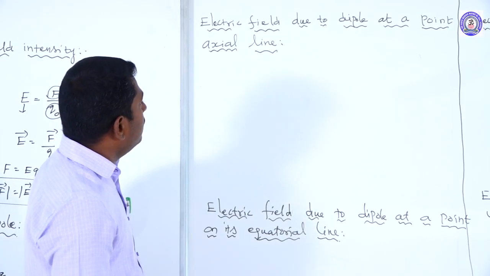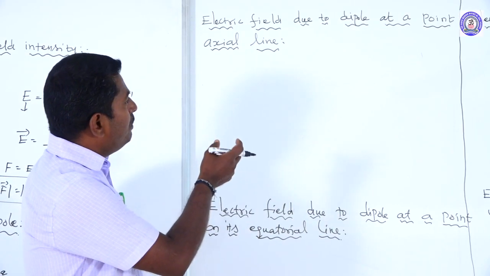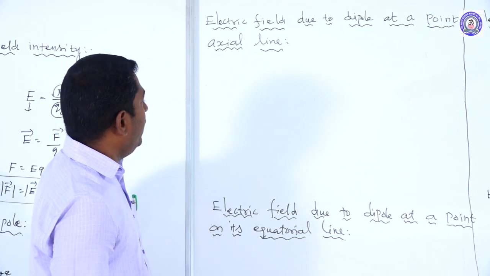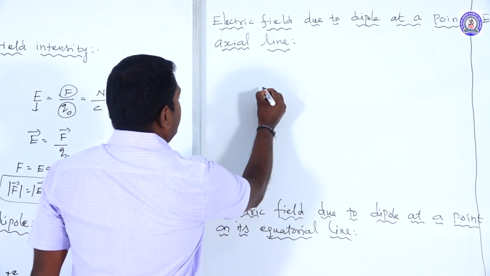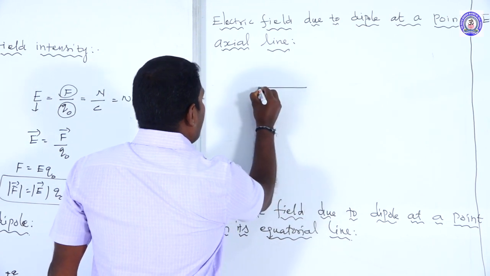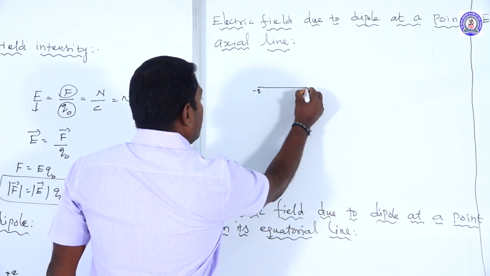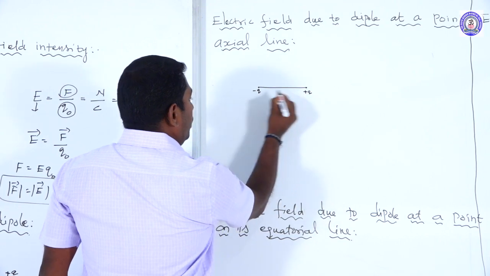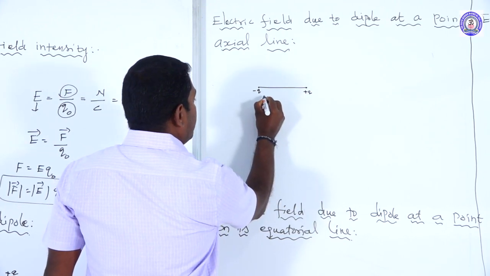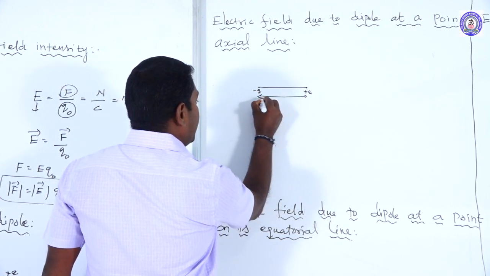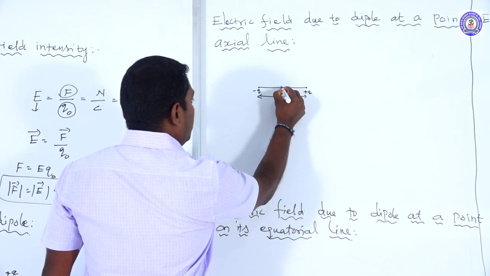So next topic, electric field due to a dipole at a point on its axial line. Let us consider one dipole: minus Q charge and plus Q charge, two equal magnitude and dissimilar charges separated by a 2D distance. It will constitute an electric dipole.